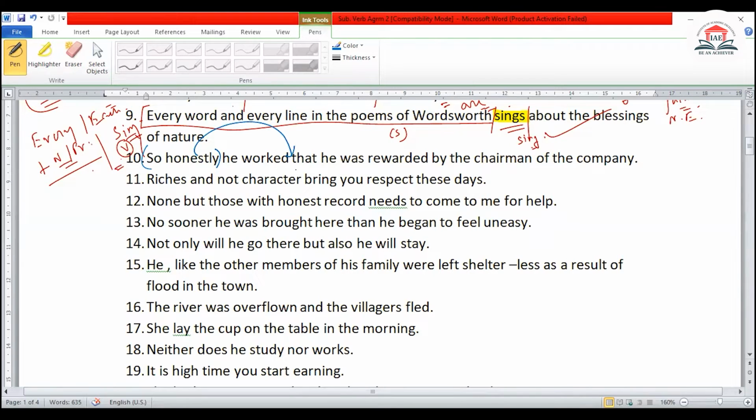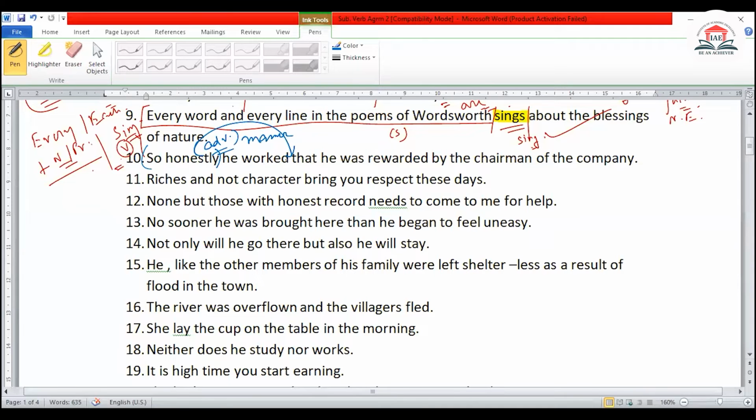He worked so honestly. So honestly he worked is not a grammatically lawful construction. Why? Because an adverb of manner, in most of the cases, must be placed after the verb.